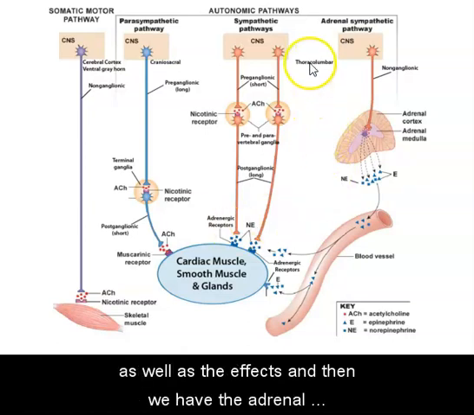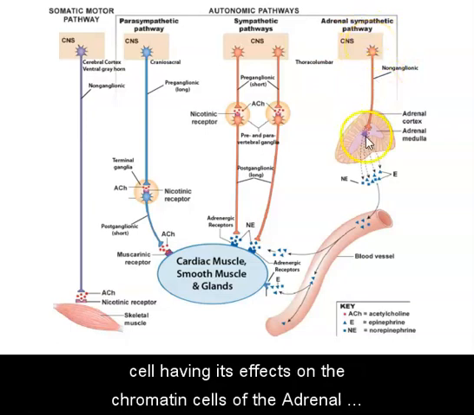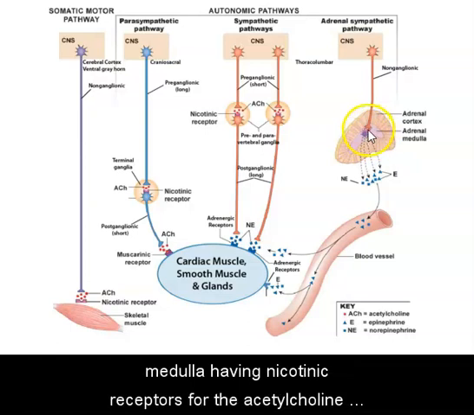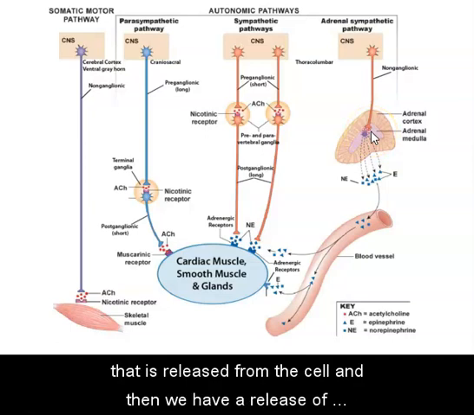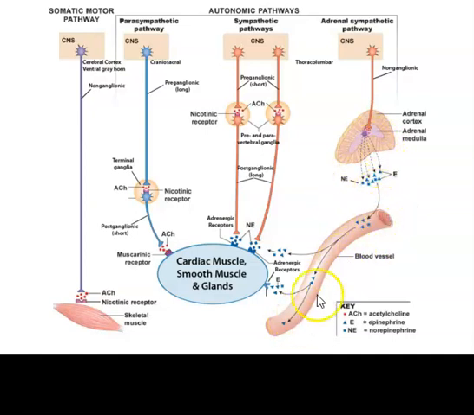And then we have the adrenal sympathetic pathway, where we have the non-ganglionic cell having its effects on the chromaffin cells of the adrenal medulla. Chromaffin cells having nicotinic receptors for the acetylcholine that is released from the cell. And then we have release of epinephrine and norepinephrine into the blood.